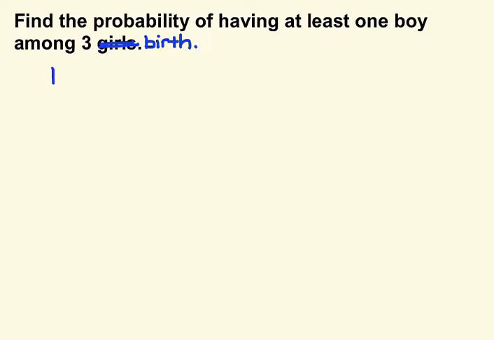So the probability of having a boy is 1/2. And the probability of having a girl is also 1/2. And of course, the sum is 100% that you'll have either a boy or a girl.